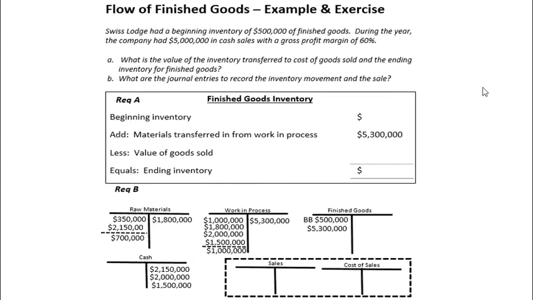So let's go back up to the description here. Swiss Lodge had a beginning inventory of $500,000 of finished goods. So we know we have that beginning inventory. During the year, the company had $5 million in cash sales with a gross profit margin of $60,000.